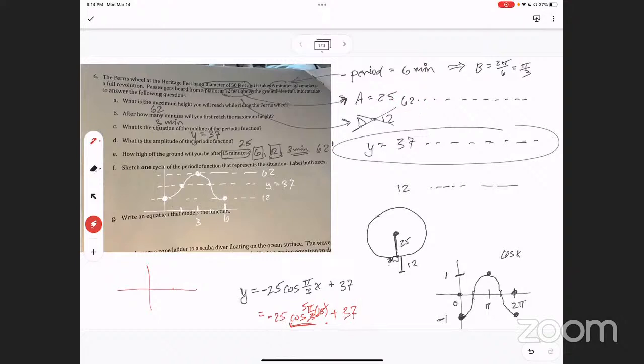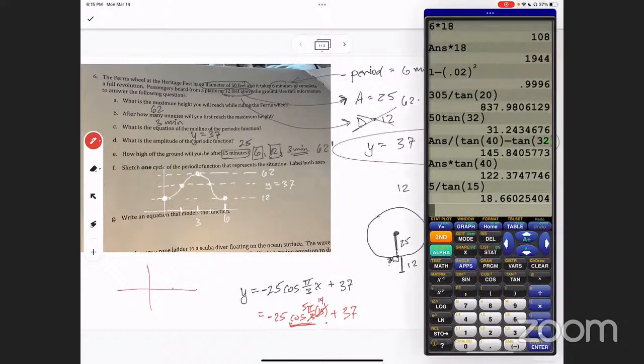Make sense? Yes. Okay. And that's also, by the way, why if the problem was a little bit harder, they would say, what's the height after 14 minutes instead of after 15 minutes? Well, then you could still plug it into here and you'd have to use your calculator.